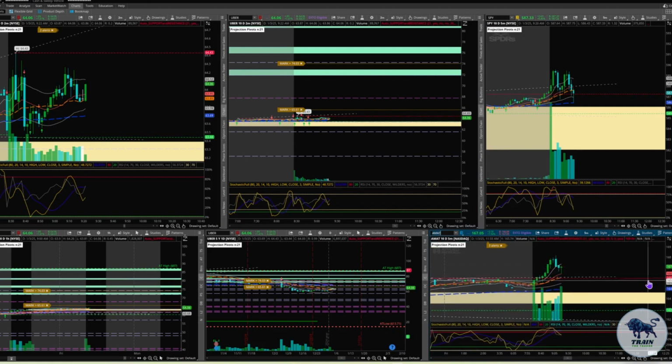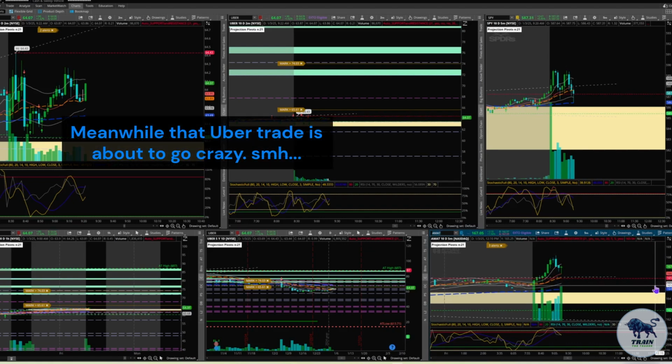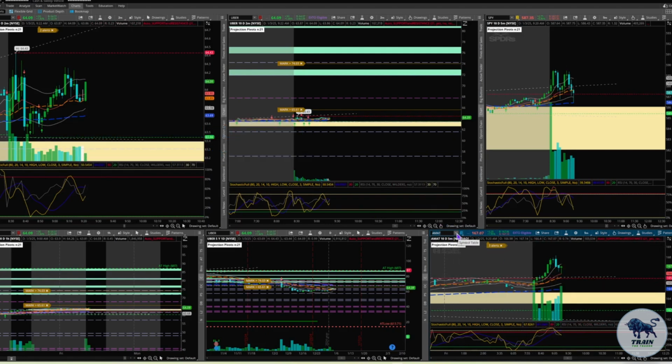AMAT's not in a bad position either. Damn, I didn't get filled. See, that's what happens. Uber's bouncing. Yeah, the price that I wanted to pay for my contracts, it had already moved away from that price. Now those contracts that I was trying to get for 1.79 are currently 1.85.